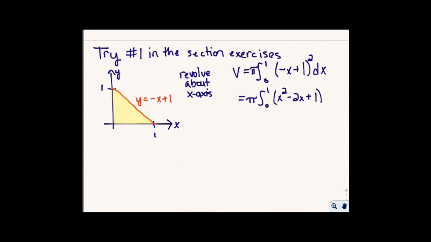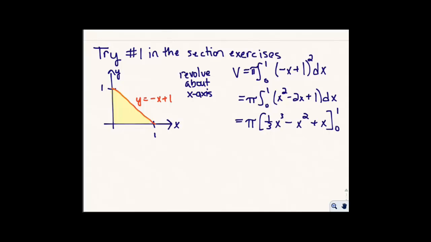So now we have to integrate. The integration on this isn't too bad. Our pi is still out in front. We get 1/3 x cubed minus x squared, because the integral of 2x is x squared, plus x, and we have to evaluate from 0 to 1. As with the example, we don't have to worry about the 0 part, because when we evaluate at 1, it's going to give us an answer, but when we evaluate at 0, we'll get 0.